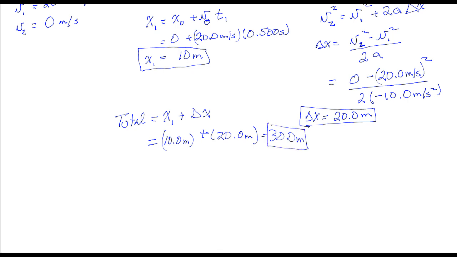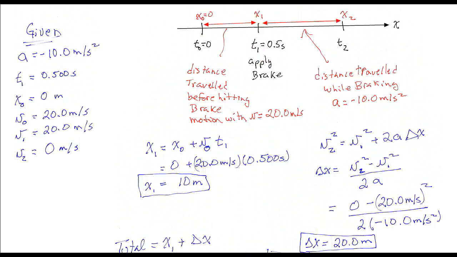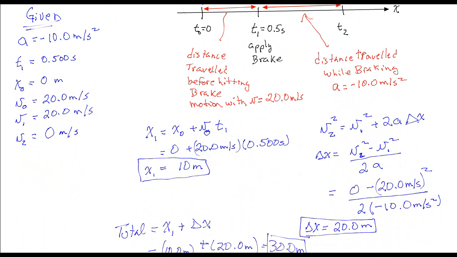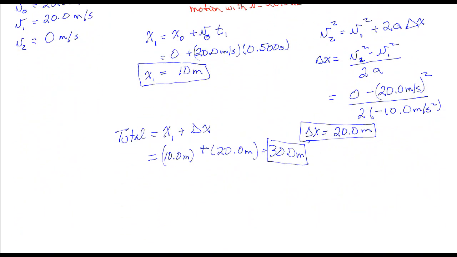Good. So, do we hit Bambi? No. Bambi, we're given in the problem, is 35 meters away. And so we have 5 meters to spare.